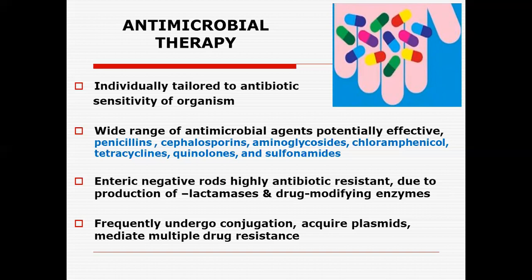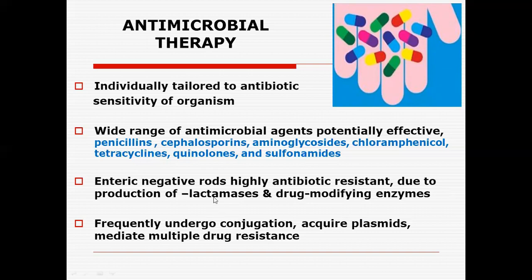A wide range of antimicrobial drugs are effective, and they're really effective, starting from penicillin, cephalosporins, aminoglycosides, chloramphenicol, tetracyclines, quinolones, sulfonamides. So a huge group of microorganisms and a huge variety of drugs are available to counter these microorganisms.